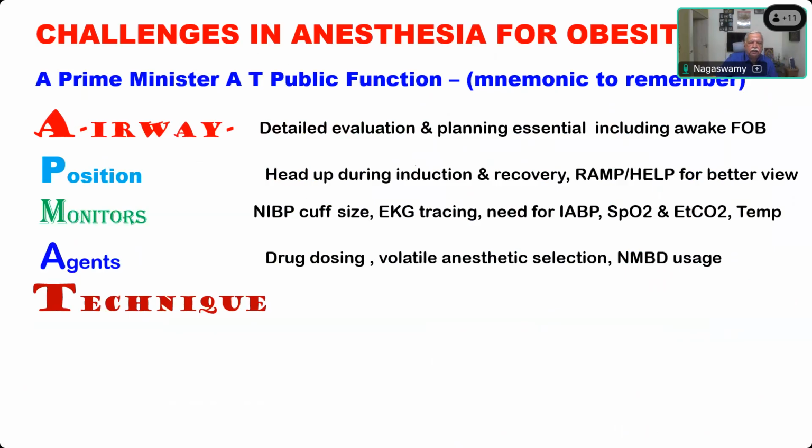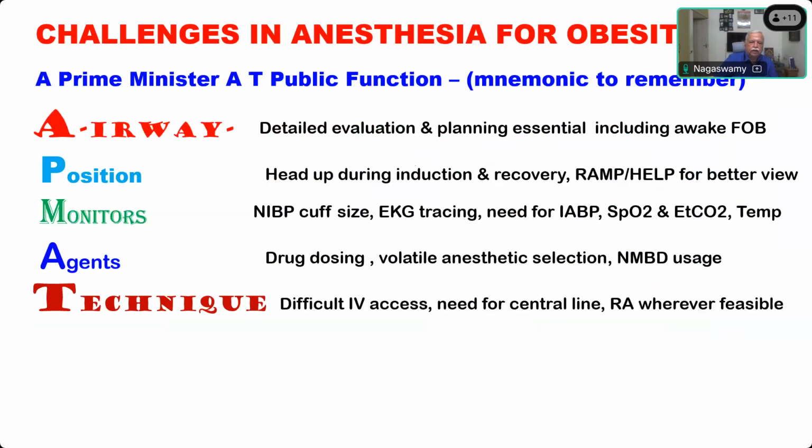And what anesthetic technique you are going to use, that also you have to decide, whether GA or regional. And for GA or regional, first in difficult IV access, you must decide how you are going to secure the IV access. And surgeries which can be completed within the duration of regional, we can definitely go for a single shot spinal.